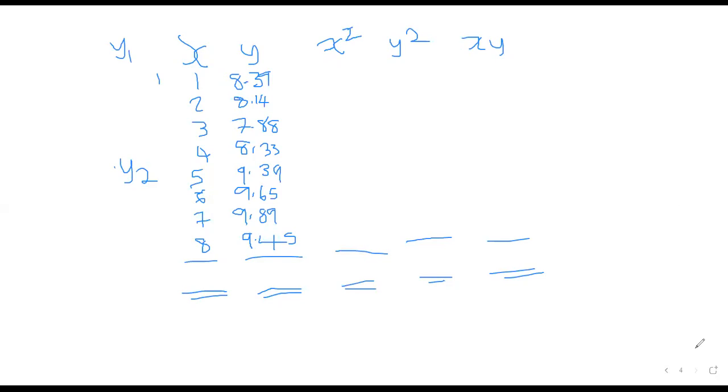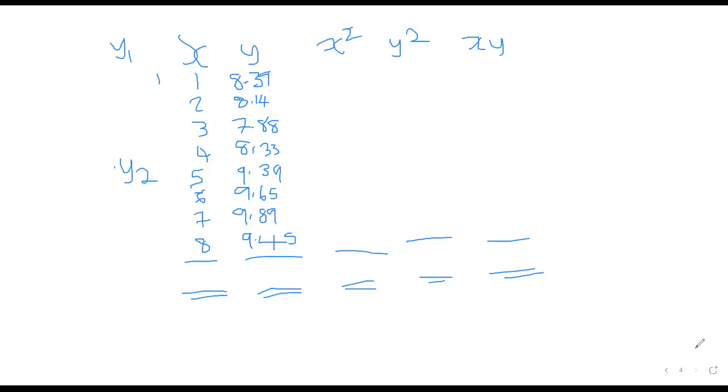All right, so meaning as we enter using the calculator, or as we can solve manually, so it is 1 comma 8.39 m plus 2 comma 8.14 m plus 3 comma 7.88 m plus 4 comma 8.33 m plus 5 comma 9.39 m plus 6 comma 9.65 m plus 7 comma 9.89 m plus 8 comma 9.45 m plus.